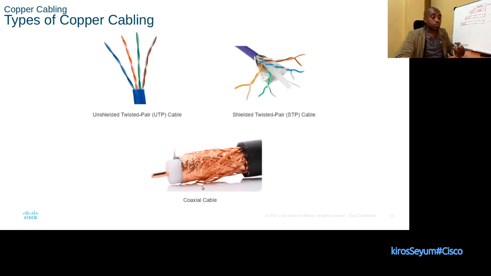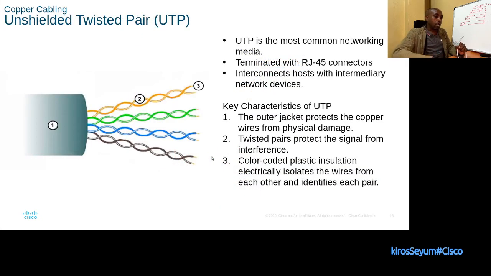These cables can be used for transmitting signal data, or what we call data in networking. It is possible to transmit data through these cables also. So for unshielded, these wires are twisted for interference protection purposes. Each pair is twisted and has its unique colors.